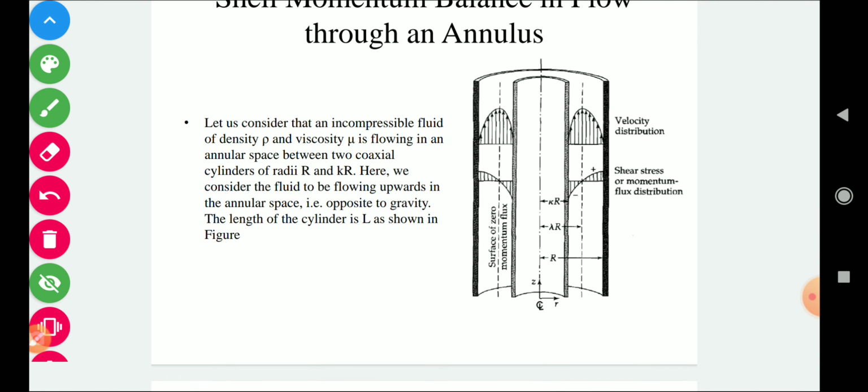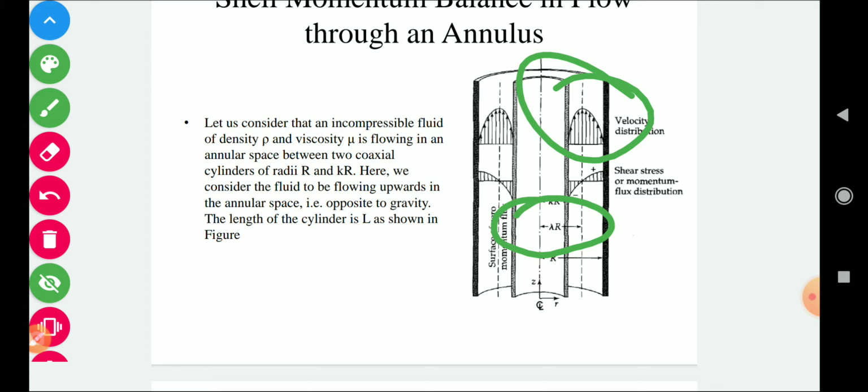Where the fluid velocity is maximum, tau will be 0, because tau is proportional to the derivative of velocity.